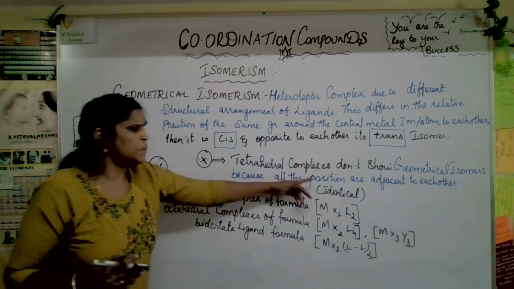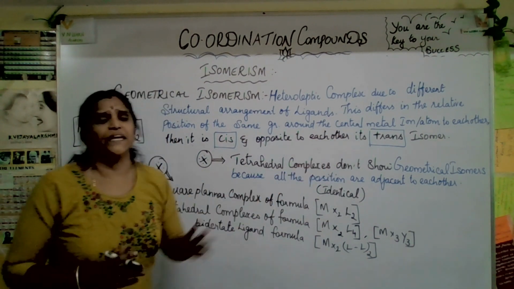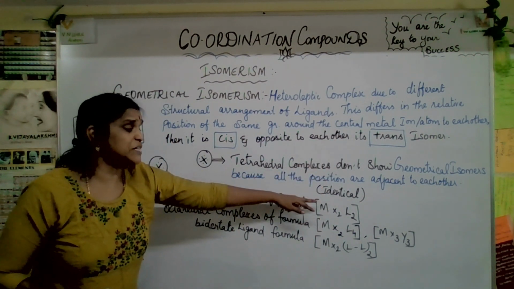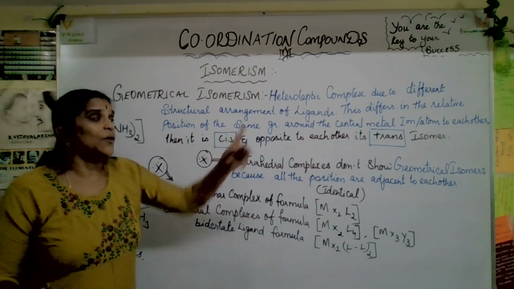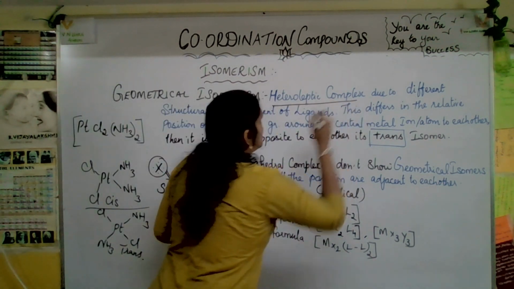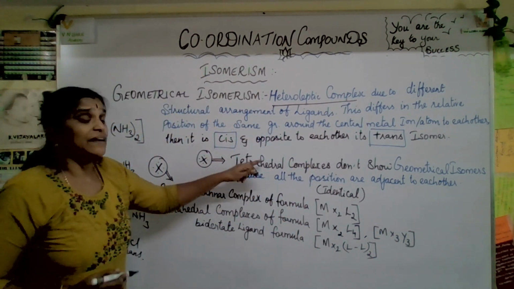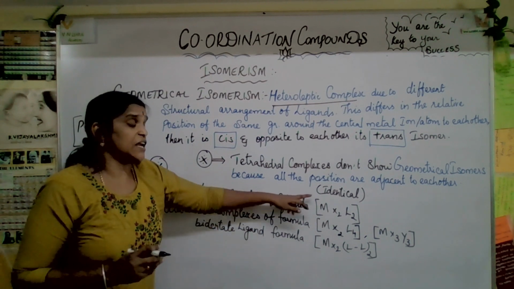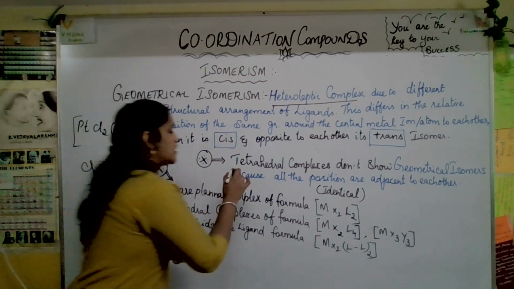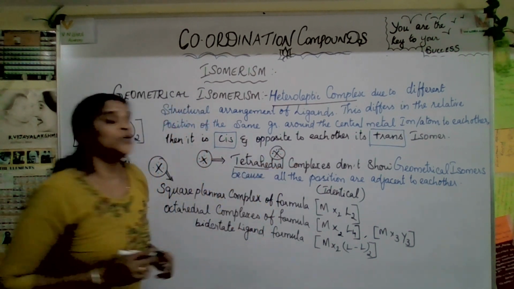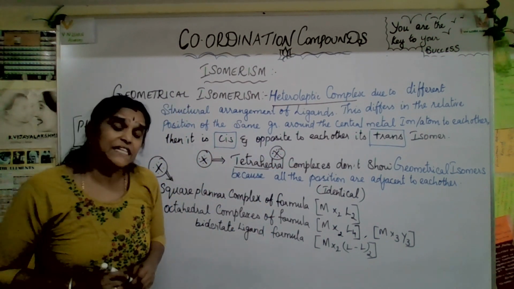Because all the positions are adjacent to each other, which means they are identical. The main point here is that only heteroleptic complexes show it, but tetrahedral means all positions are equivalent, so it is not possible. So tetrahedral complexes do not show geometrical isomers. Please note down.